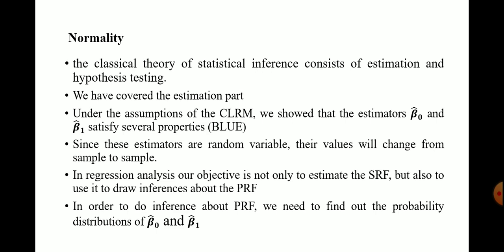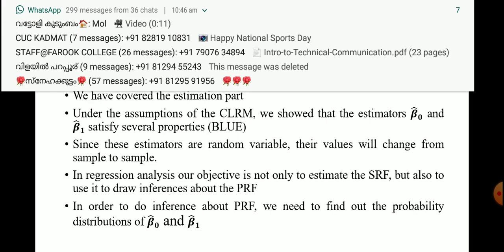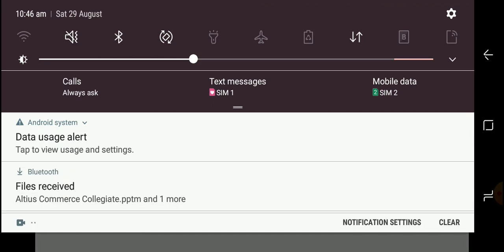The most important step is to infer about the PRF from the SRF. In order to do hypothesis testing about the PRF, we need to find out the probability distribution of the estimators beta cap 0 and beta cap 1.